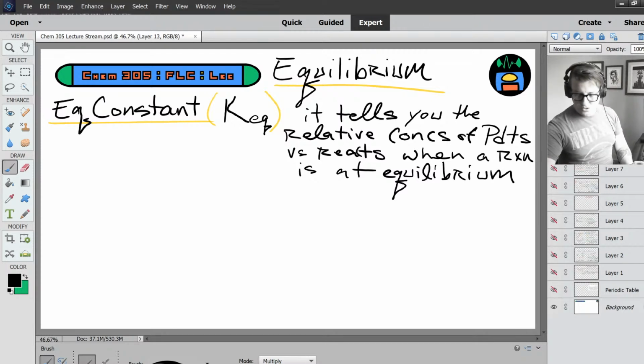All right, it tells you the relative concentrations of products versus reactants when a reaction is at equilibrium.